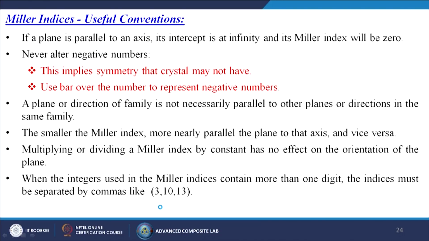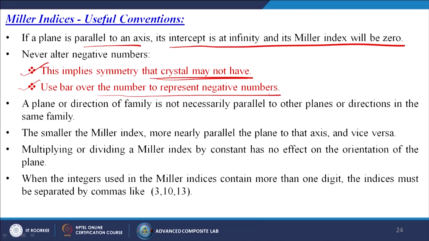Miller indices, useful conventions. If a plane is parallel to an axis, its intercept is at infinity and its Miller index will be 0. Never alter the negative numbers, as this implies symmetry that the crystal may not have, or use a bar over the number to represent negative numbers. If it is -1, generally we write it as 1 bar.